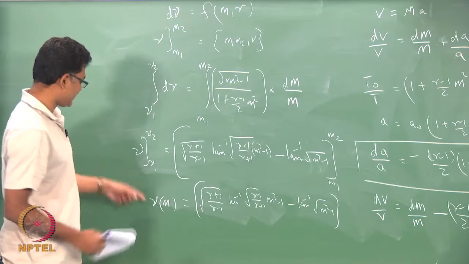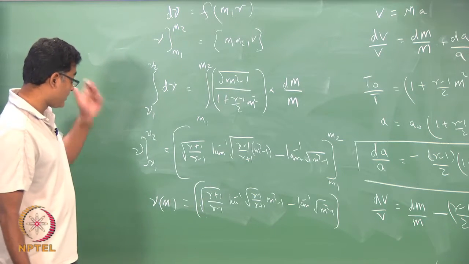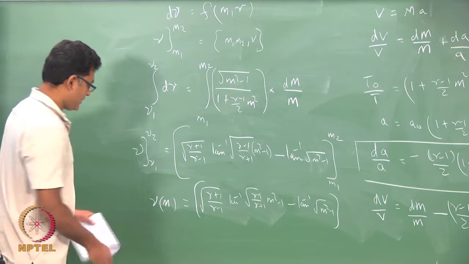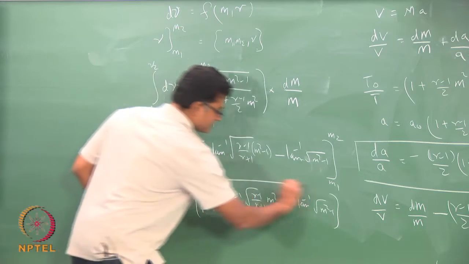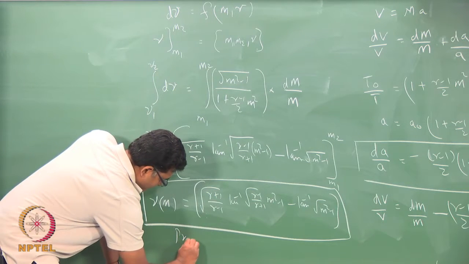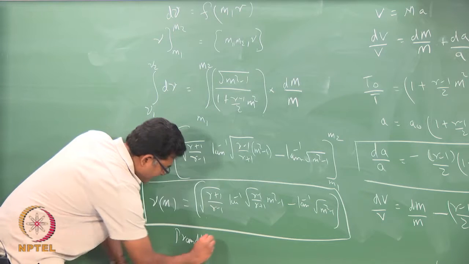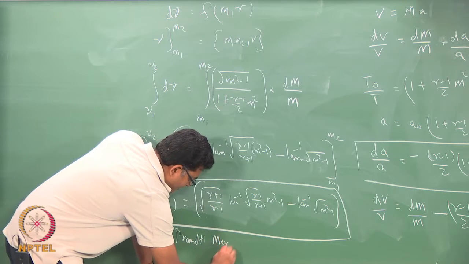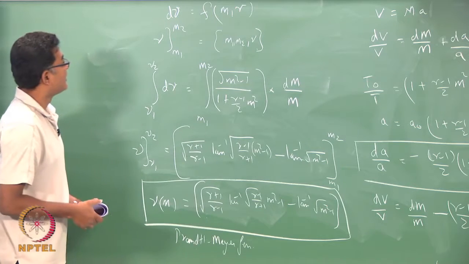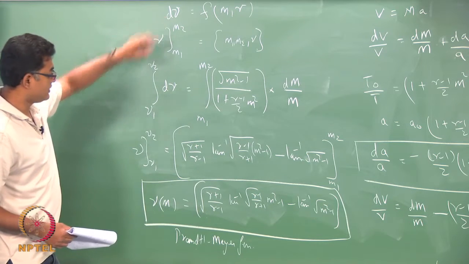So, if I integrate this, I would get this, and I can use it between the limits nu 1 and nu 2, and this particular function is the so-called Prandtl-Meyer function.